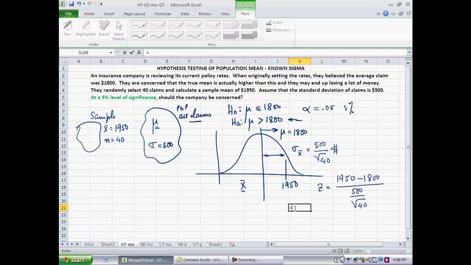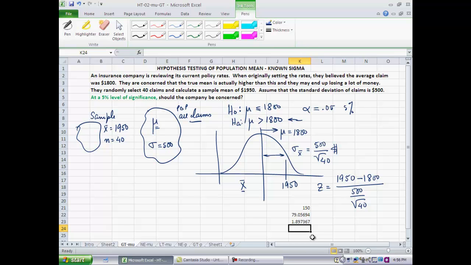So let's see where that gets us in terms of a value. 1950 minus 1800, that's the numerator, and the denominator is equal to 500 divided by square root of 40, and you divide one by the other. 1.897.